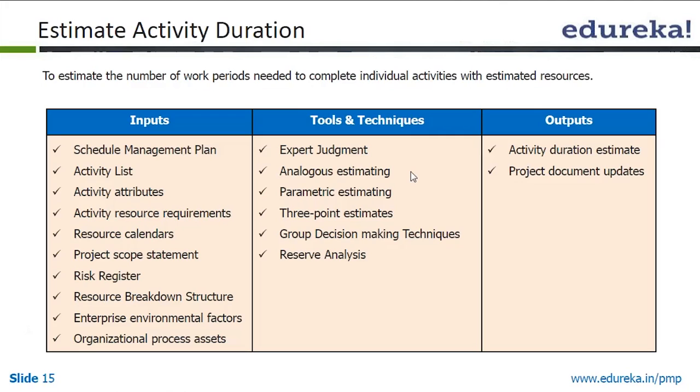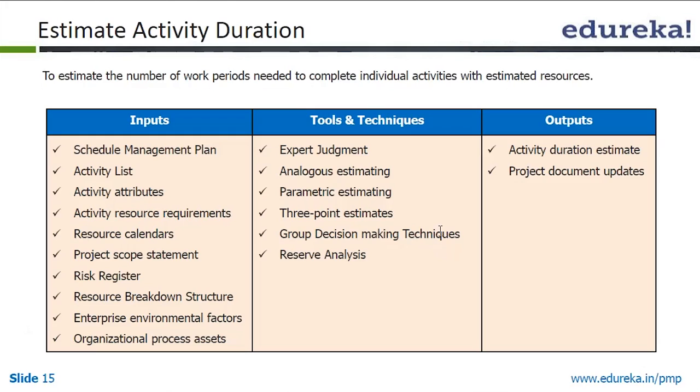And finally the 3-point estimate. 3-point estimate is where we take the pessimistic, optimistic and the most likely estimates and then divide by 6 to find the net value. So P plus 4 times most likely plus O, that is pessimistic plus 4 times most likely plus optimistic, divided by 6 is the formula for 3-point estimation.